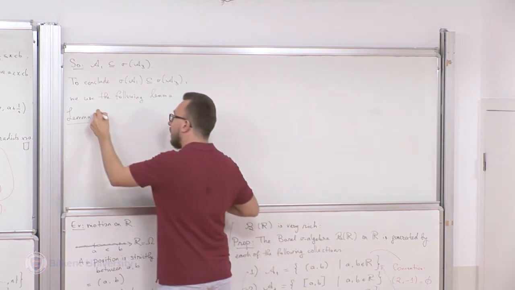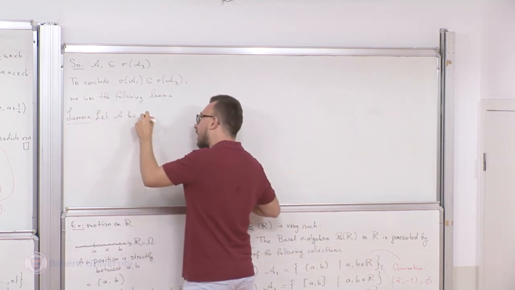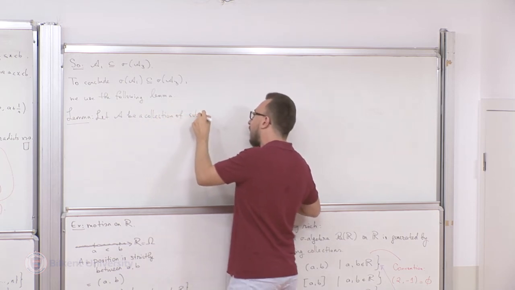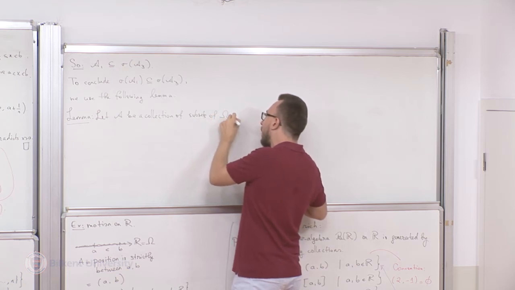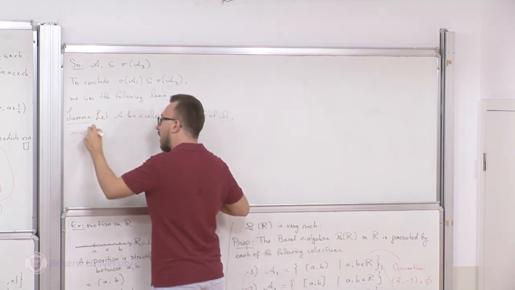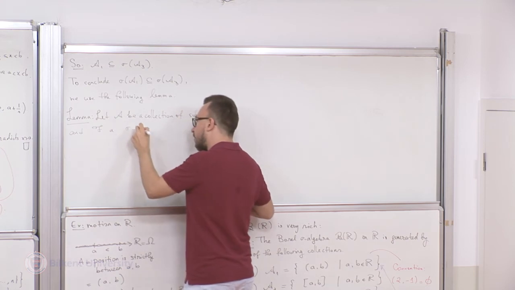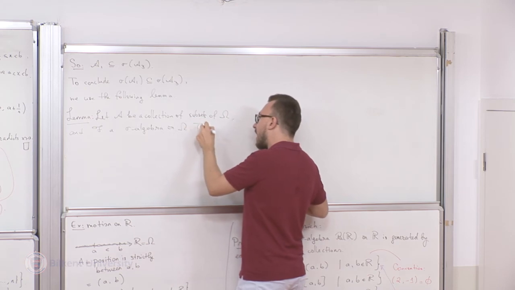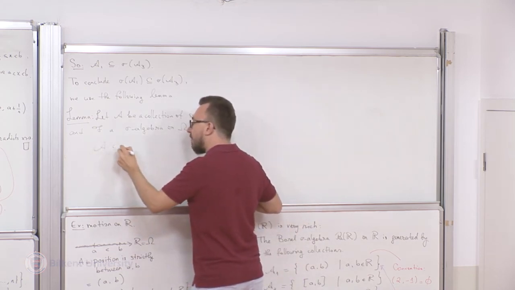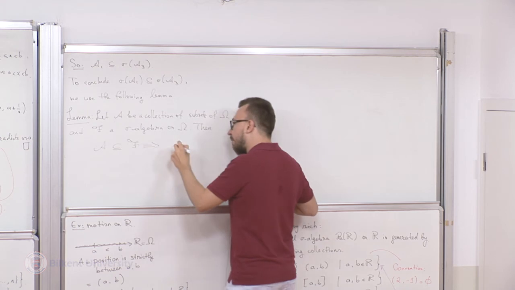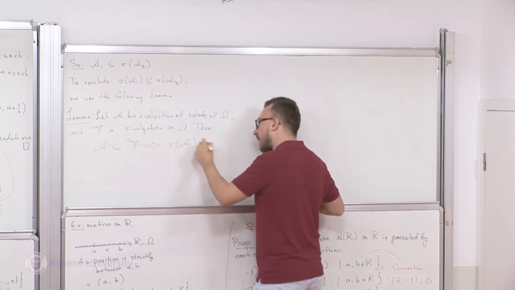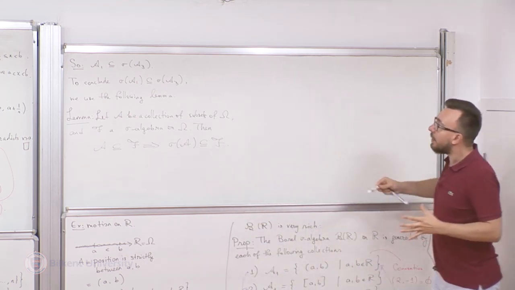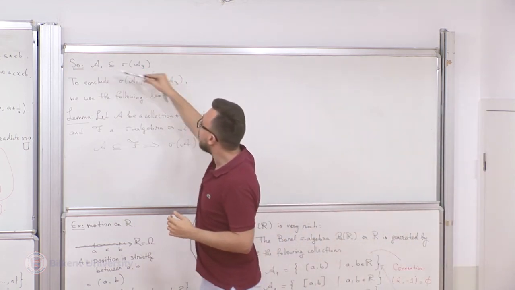Let A be a collection of subsets of omega and F a sigma algebra on omega. Then, if A is a subset of F, this implies the sigma algebra generated by A is also a subset of F, which is really what we need to pass from here to here.